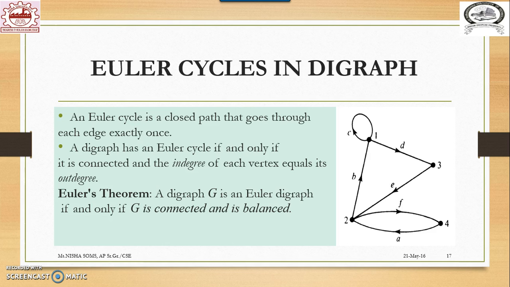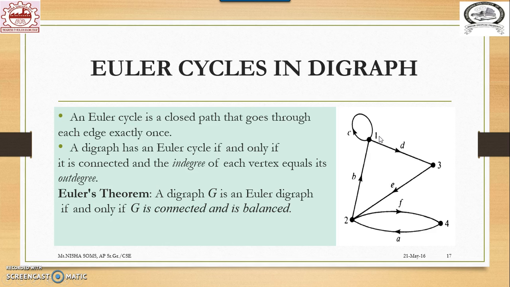Now, the Euler cycles in a digraph. An Euler cycle is named after the great mathematician Leonhard Euler. An Euler cycle is a closed path that goes through each edge exactly once, where the starting point is equal to the end point.